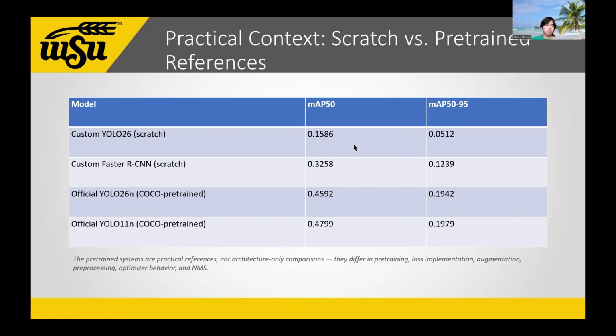But the pre-trained systems differ from mine in pretraining, loss implementation, augmentation, preprocessing, optimizer behavior, and NMS. This is a practical value comparison, not proof that my scratch architecture is inferior on a level playing field.